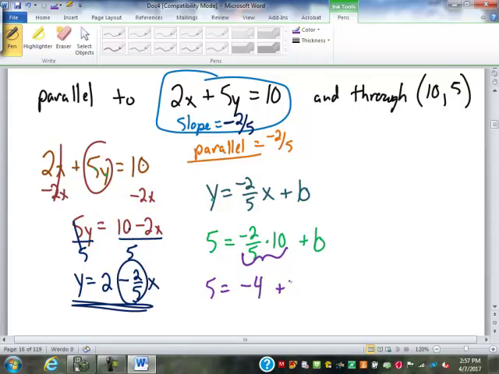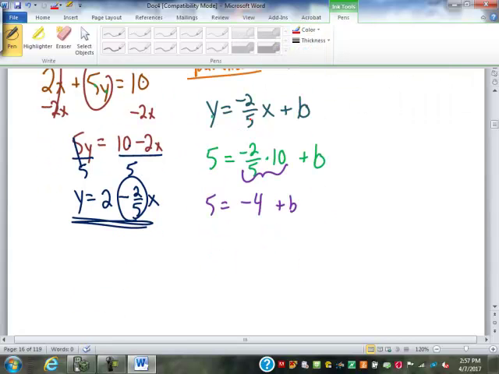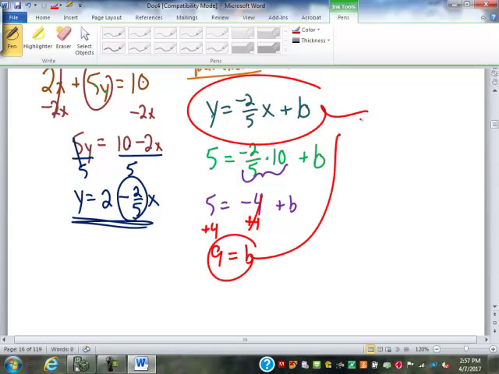Negative 2/5 times 10 is negative 4. And then add the 4, right? It's negative 4, so we add 4 to get rid of it. So 5 plus 4 is 9 equals b. So y equals negative 2/5 x plus b becomes y equals negative 2/5 x plus 9.